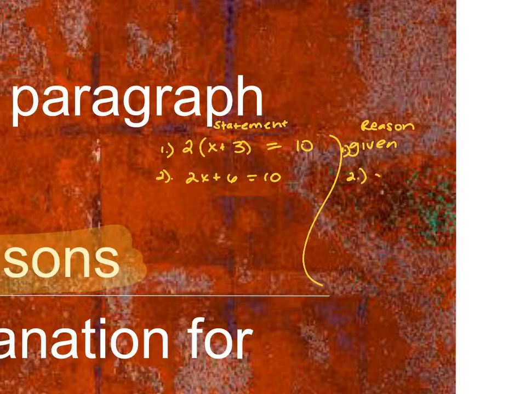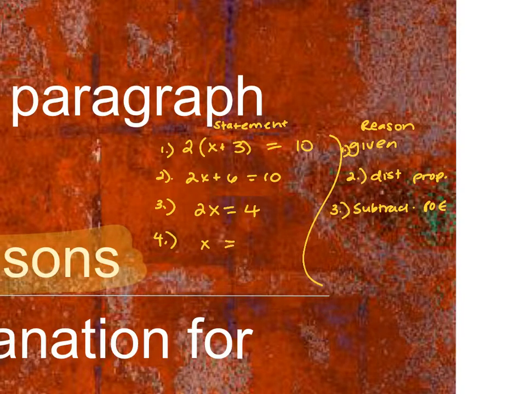The reason for 2 is the distributive property. Then 3 would have been to subtract the 6 from both sides. That would be subtraction property of equality. And then 4 would have been to divide by 2 on both sides, and that's the division property of equality. So you were doing 2-column proofs without knowing it, okay?